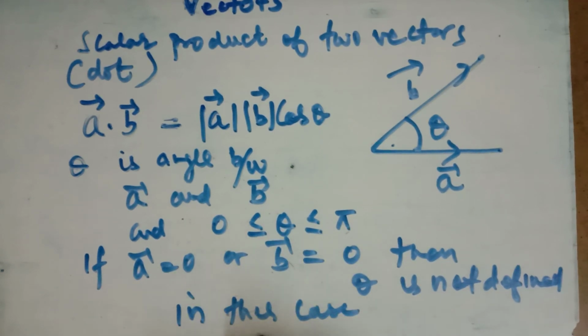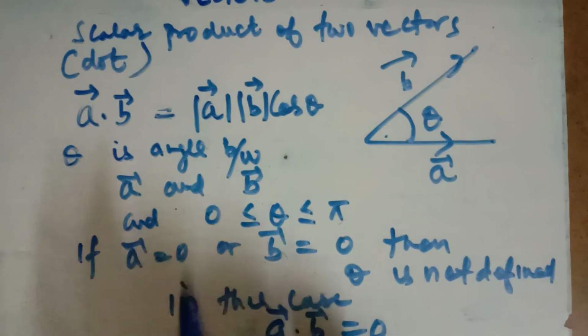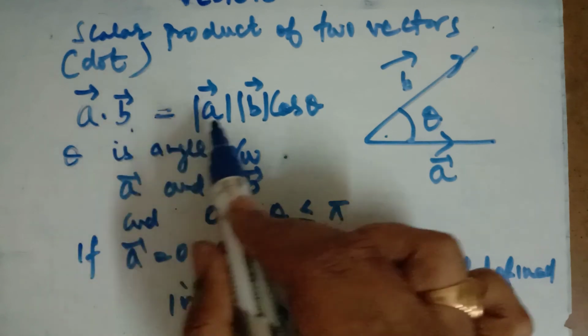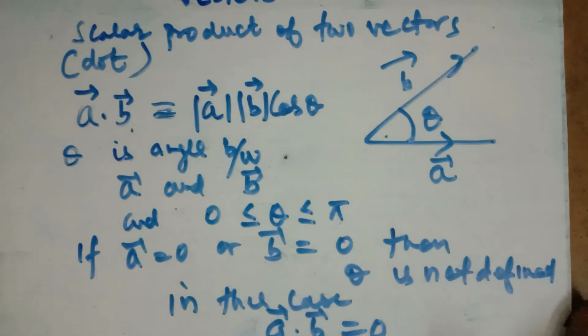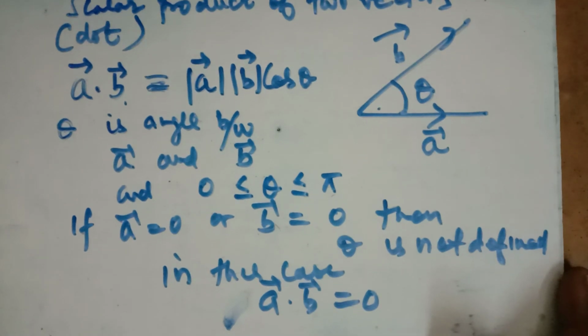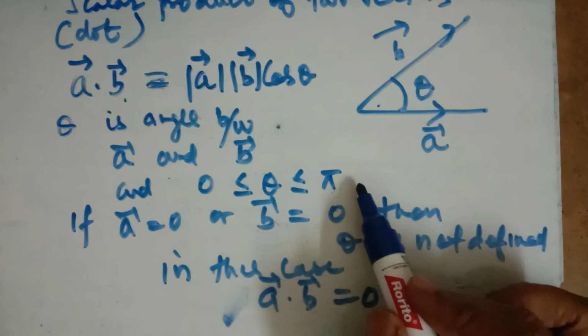In that case we define a dot b equal to 0. So the dot product, the scalar product of non-zero vectors a and b, is modulus of a modulus of b into cos theta, where theta is the angle between vector a and vector b, and theta is from 0 to pi.